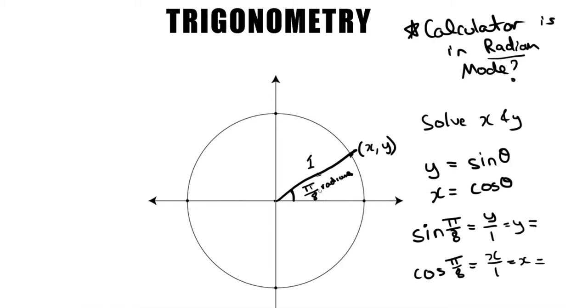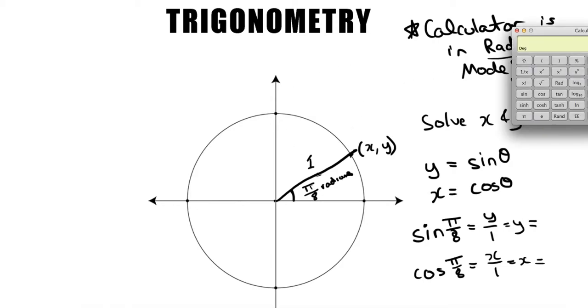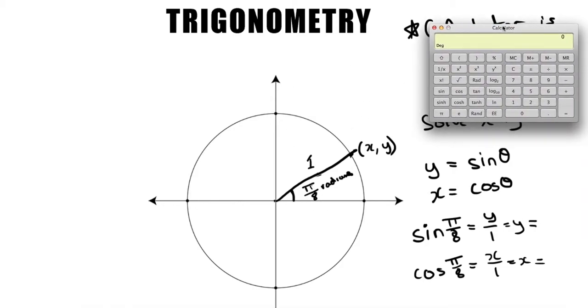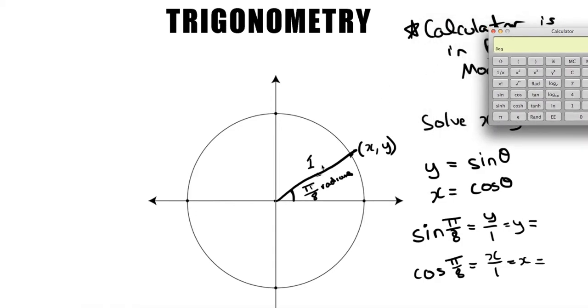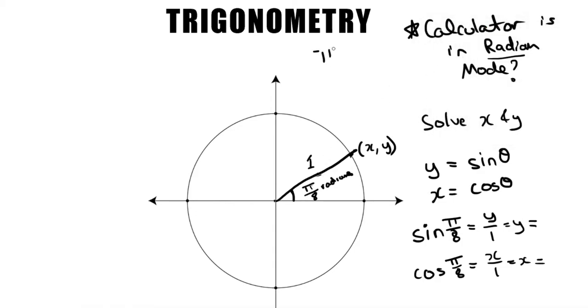Because it's rather annoying to type pi into this, I'm just going to convert this to degrees. If you remember, the conversion factor between degrees and radians is 180 over pi. These two cancel out. So this is basically 180 divided by 8, which is 22.5 degrees.